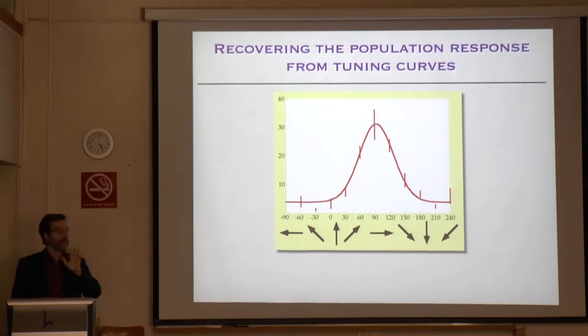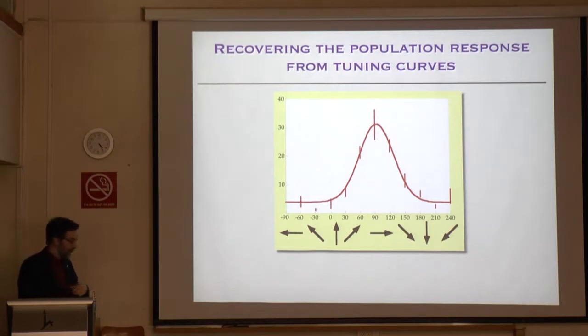So why do I say that? This is the curve I showed you before. Stimulus direction versus response. This is a single neuron tuning curve. Now, if we assume that this is a typical neuron, what would be the population's response to a single stimulus, but many neurons tuned to different directions? Well, actually, it would look exactly the same way. The only difference would be the axis is not stimulus direction anymore because you're only showing one stimulus direction.